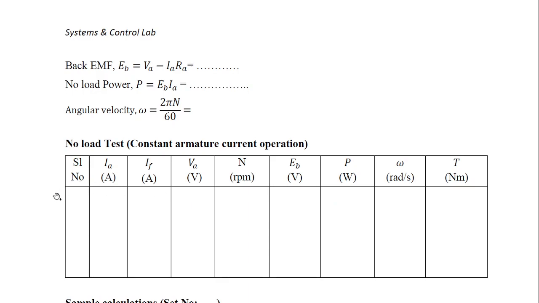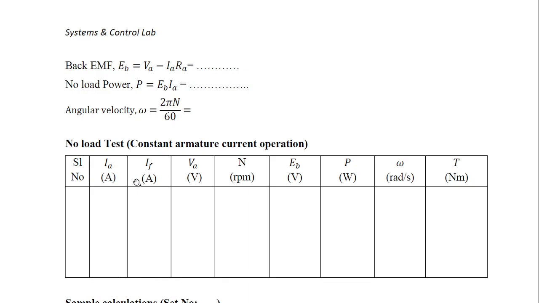Okay, so you have to complete this table like this, and after the first reading you have to reduce the field current by varying the field rheostat.